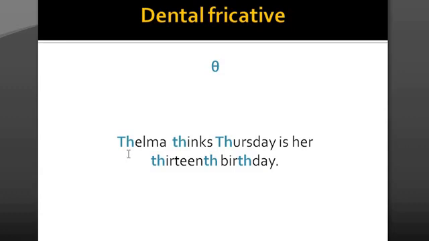Thelma, so this is a name, Thelma. Thursday has that th sound. When we have numbers like 4th, 5th, 10th, 13th, that is also the voiceless th sound that you hear. Okay? So again, watch my mouth, tip of tongue between teeth.